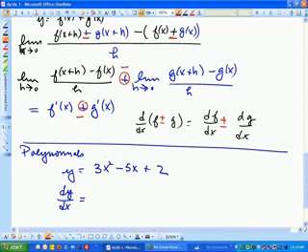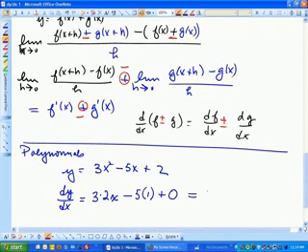Now, we'll concentrate first on the 3x squared. We have a constant 3 times x squared, so we have 3 times the derivative of x squared, which is 2x. And then we have the next one, which is 5 times the derivative of x, and the derivative of x is 1. And then finally we have the derivative of a constant, which is 0.